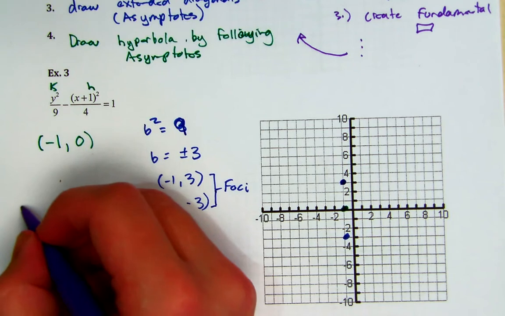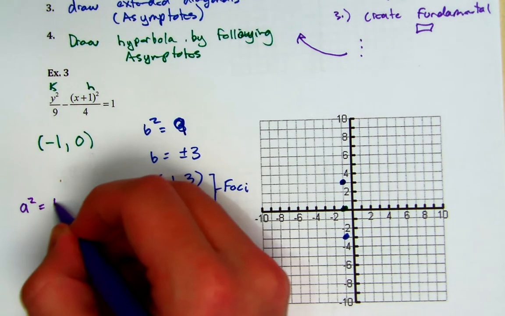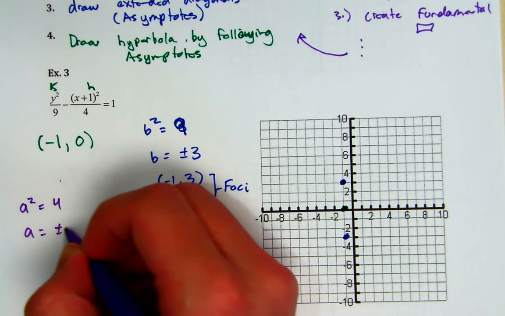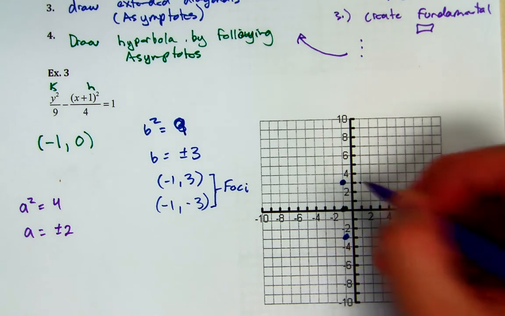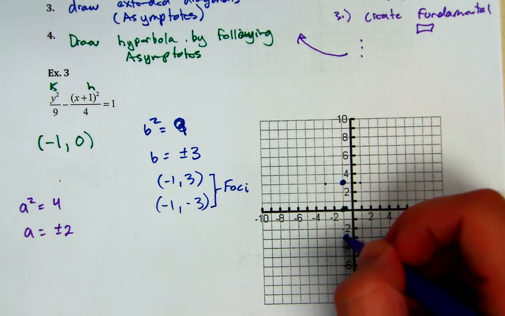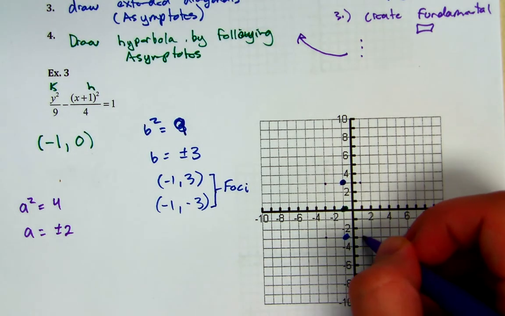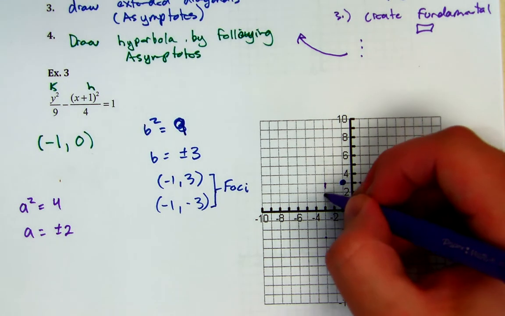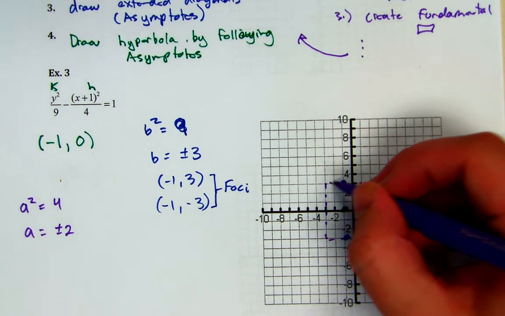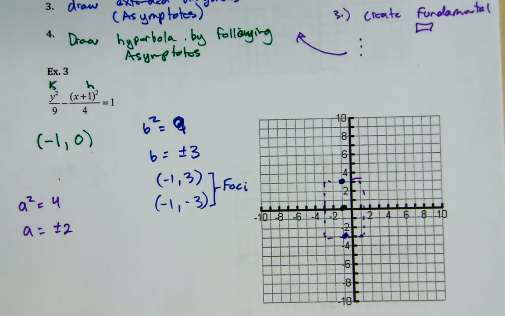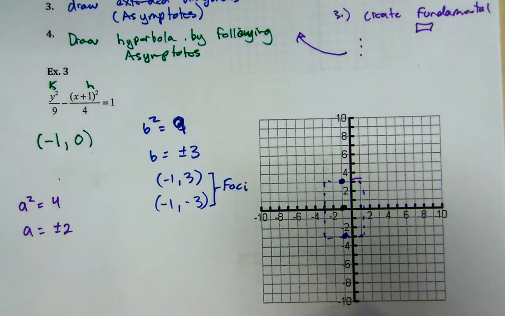Create the fundamental rectangle, so we need a squared equals 4. a equals plus or minus 2. So go plus or minus 2 from your focus. 1, 2, 1, 2, over 2, over 2. Connect them to make the rectangle. And we need to draw in the extended diagonals.